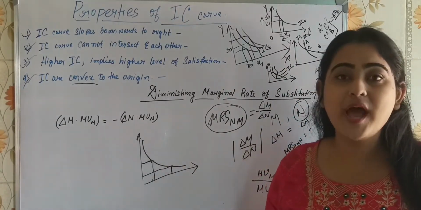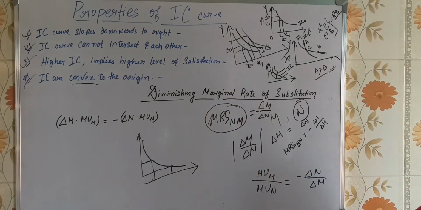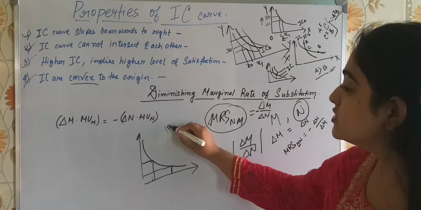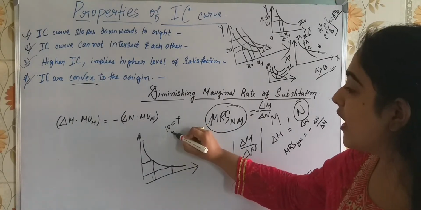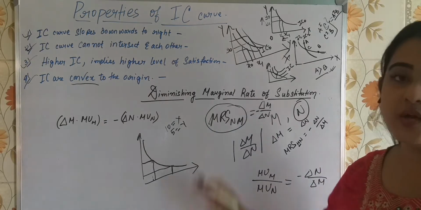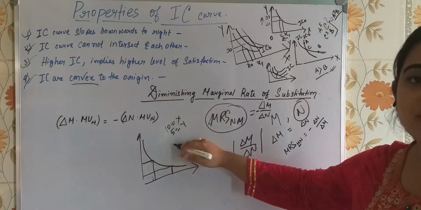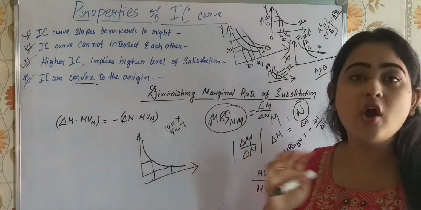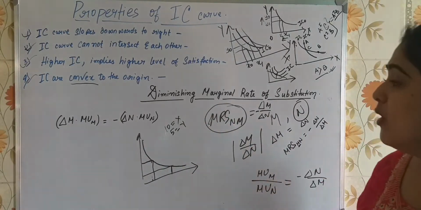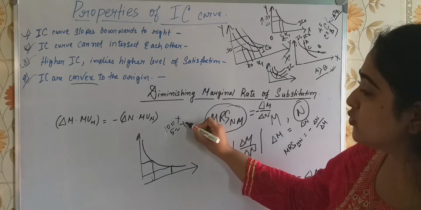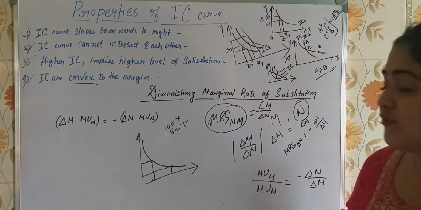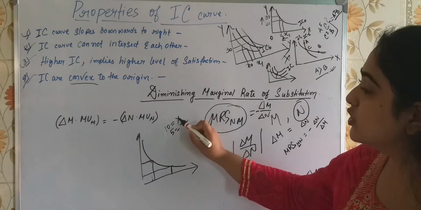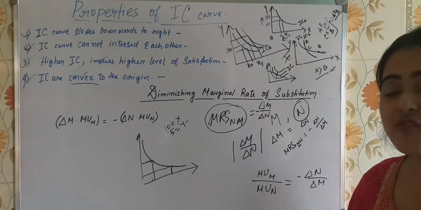What does that imply? Suppose earlier you were consuming 10 units of x and 5 units of y. This is the combination or the bundle that you were consuming. Now you are willing to consume more of y, so you will have to sacrifice x.